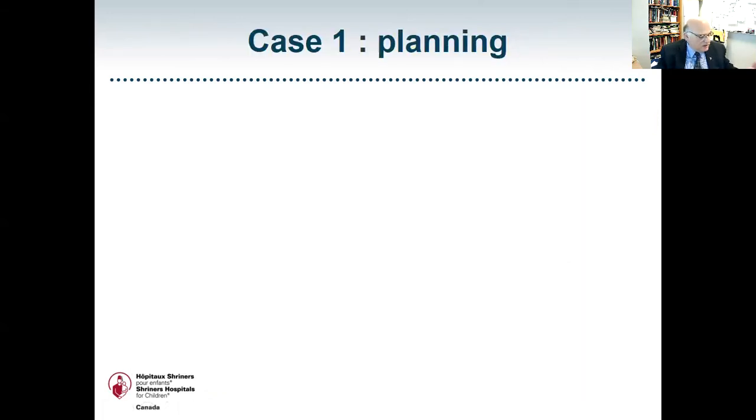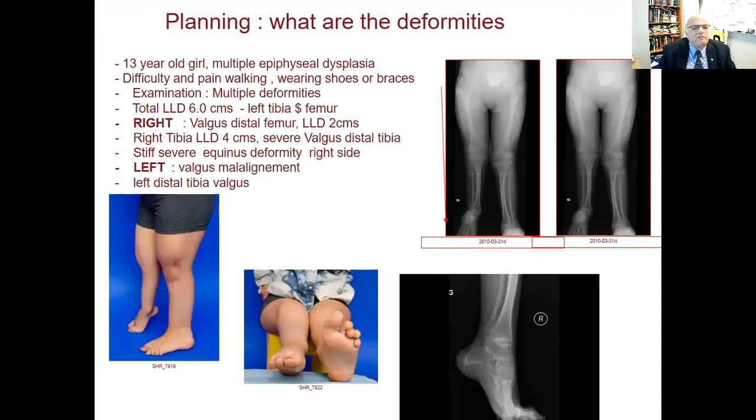So the first case that we'll go through is planning, extremely important. We'll go through this example. 13-year-old girl, multiple epiphyseal dysplasia, has difficulty and pain walking, wearing shoes or braces. On examination, she has multiple deformities. She has a total LLD of 6 centimeters.